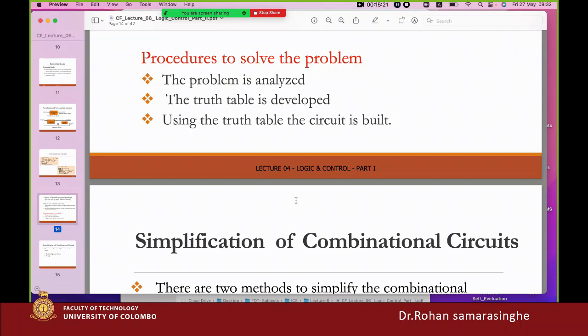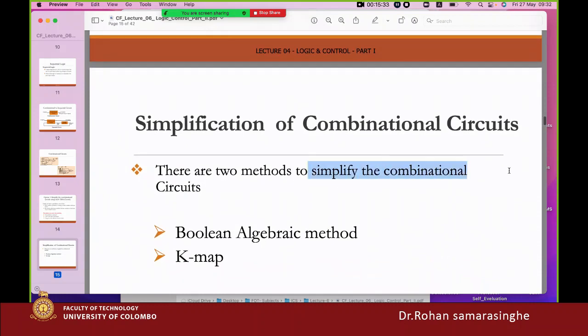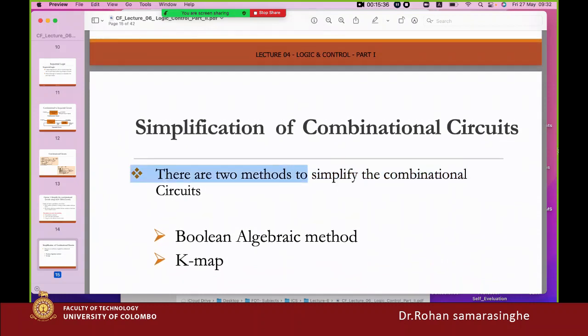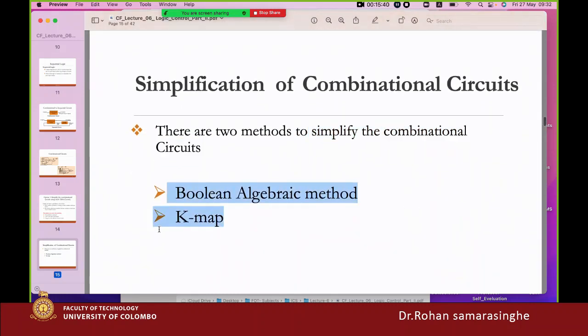So after you understand the problem and derive the truth table, you have to simplify the combinational circuit. There are two methods to simplify: the Boolean algebraic method and the Karnaugh map method. Using these two methods, you can simplify.